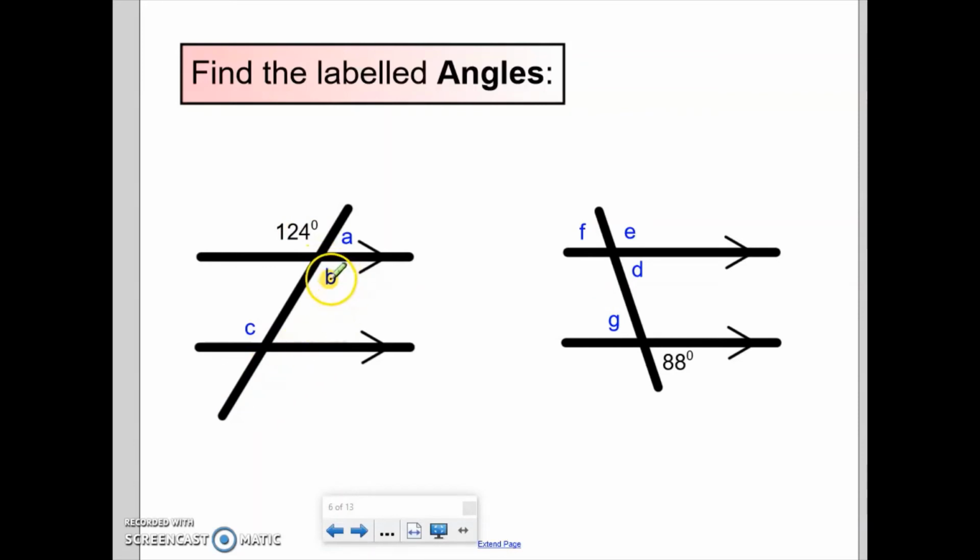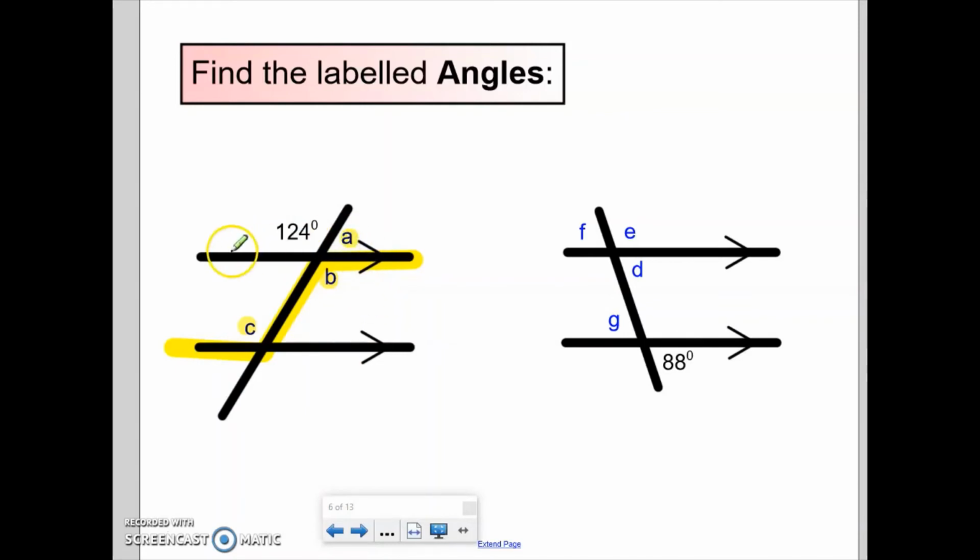If I know angle B is 124 and I draw in a Z here, so again it's a little bit of a disjointed Z, but it's telling me that angle C has to be equal to angle B. So angle C is also 124 degrees. So I've used the angle fact of alternate angles.